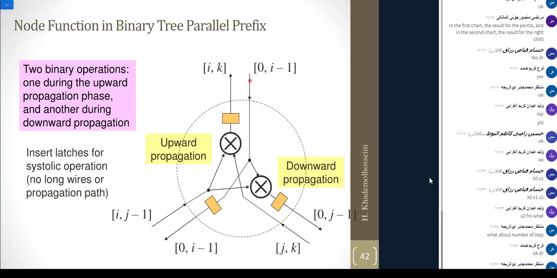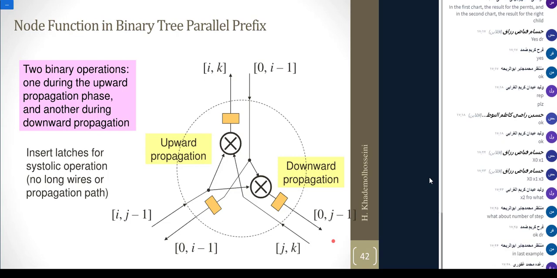Upward, downward. It is exactly the same as the formula: from up to left, the previous left, and up to right. Yes, it's the formula. Okay.